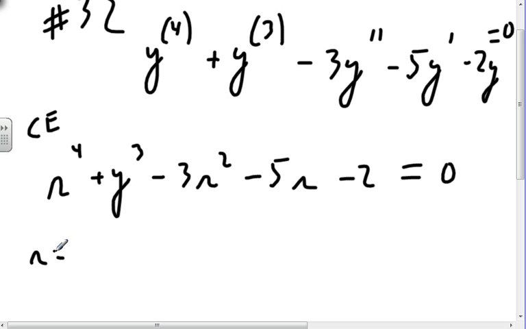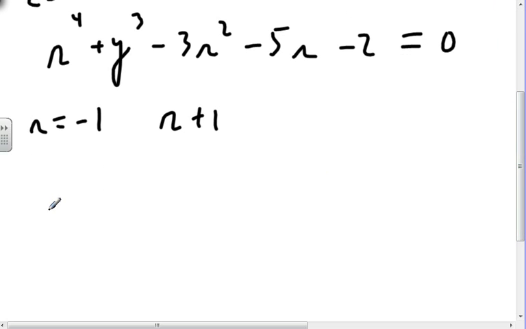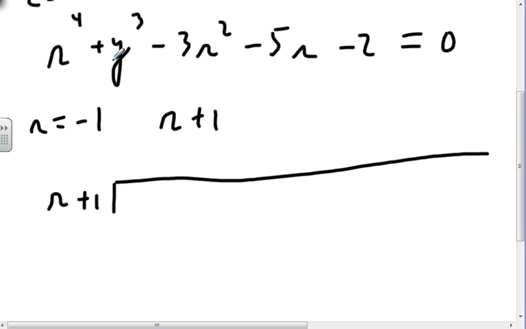So r equals minus 1 is a root. So r plus 1 is the factor. Now, if we had done synthetic division more recently than I had, I would use synthetic division to do this. But seeing that I didn't, I'm not going to try because that's a skill that one gets by using it.